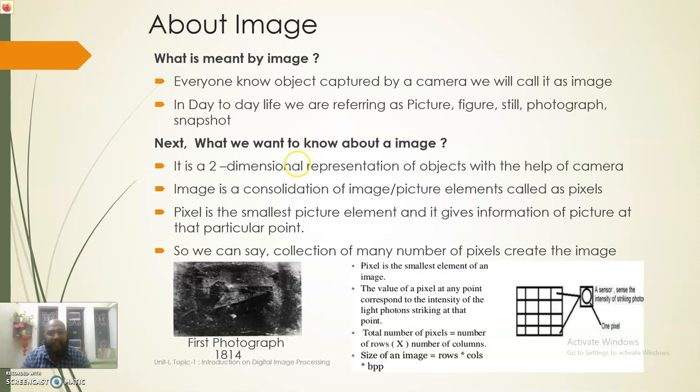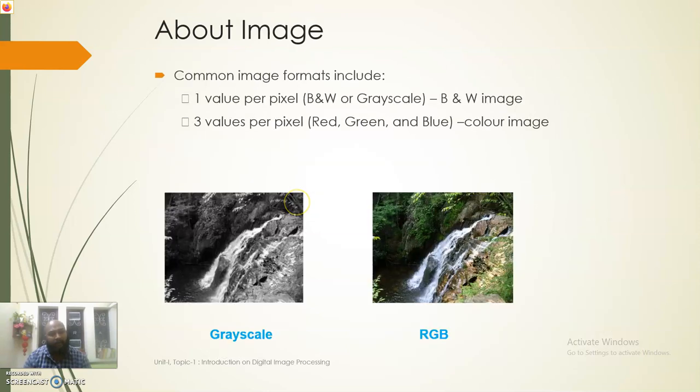In detail, in olden days we had black and white images, and recently we have color images. Regarding black and white images, the pixel is defined by one value. For color images, the pixel is defined by three values.